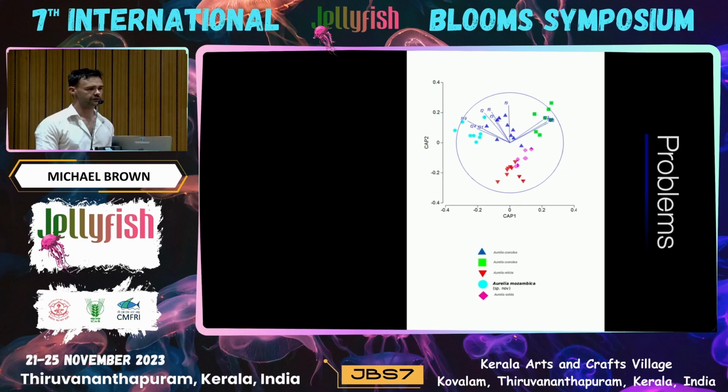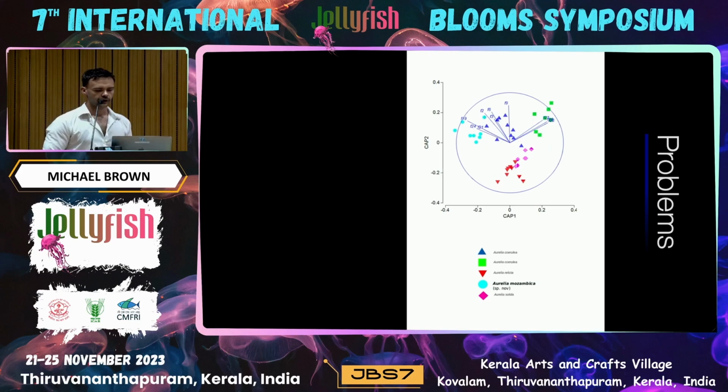Those are both Aurelia from different populations, and they exhibit almost more morphological variability sometimes than some of the other species that we examined at the same time. Not to say they couldn't be distinguished. Both groupings still fall outside of the other species in the graph, but they display a huge amount of variability.